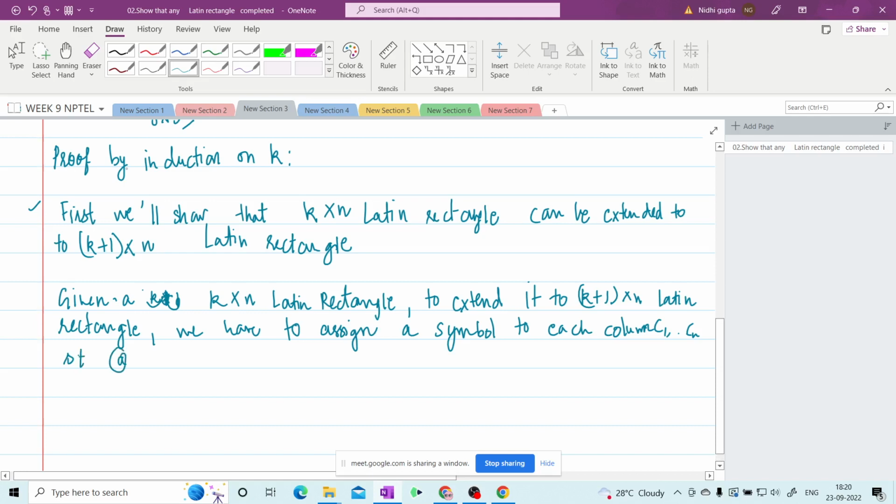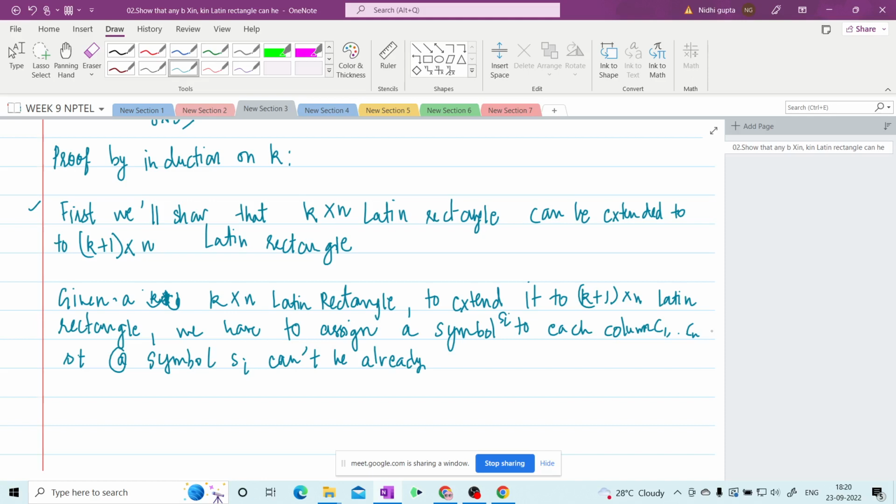First of all, since we have to construct a Latin rectangle, we assign a symbol Si to each column Ci. The symbol Si should not already appear in Ci, since each column can have a symbol at most once.